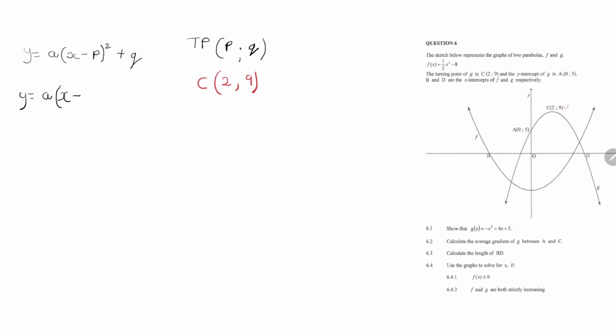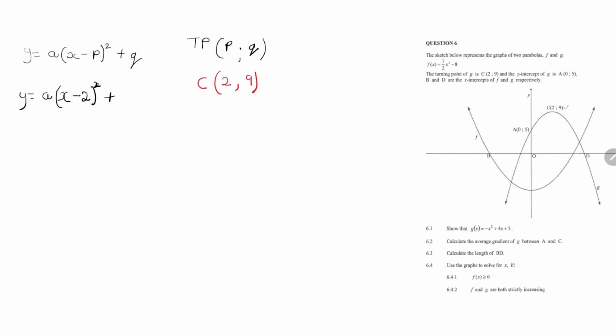Before, this p came from the x value of the turning point, so here we will take the x value of C. So we will have x minus 2, we close the bracket and square, and then plus q.